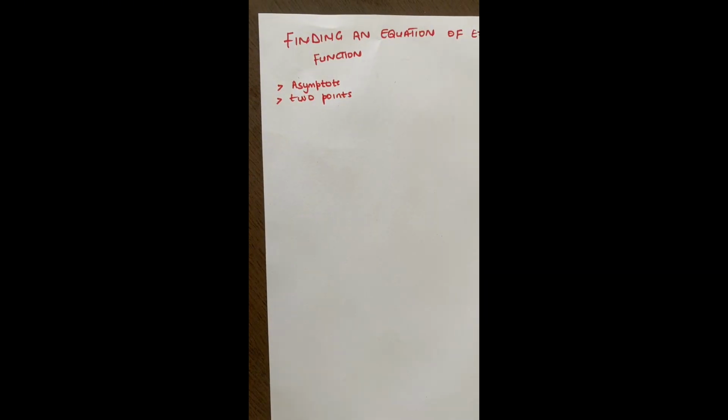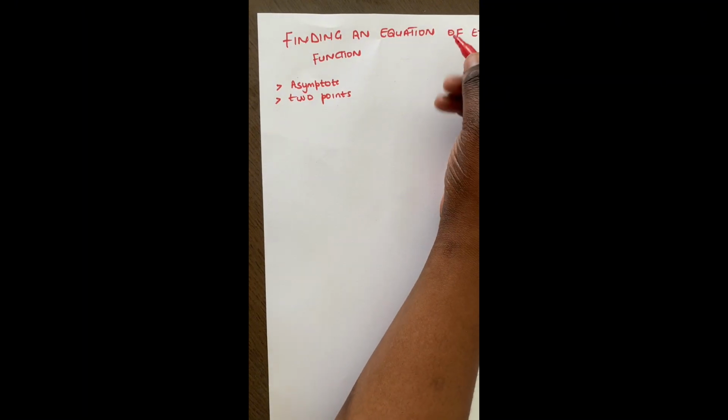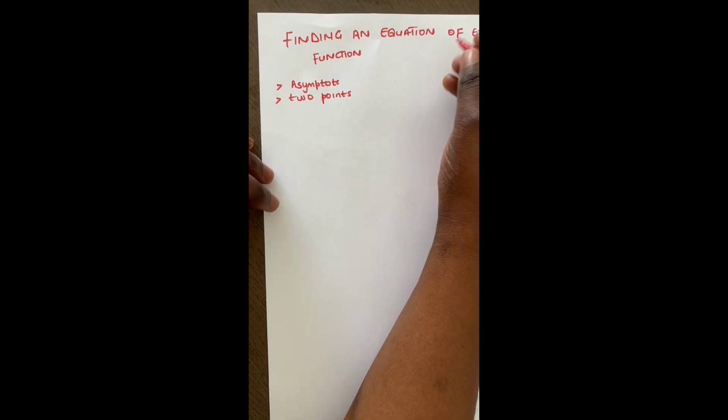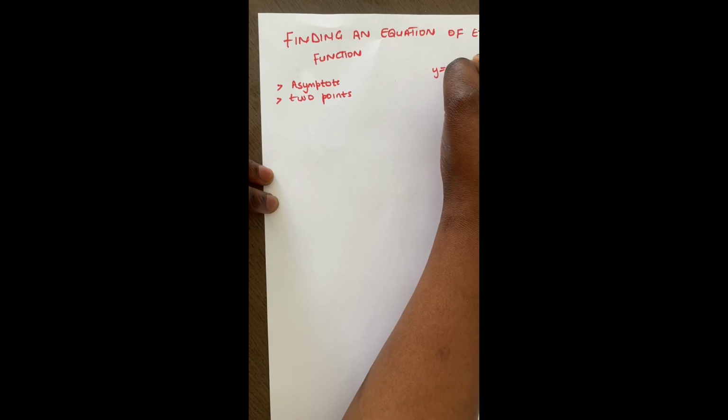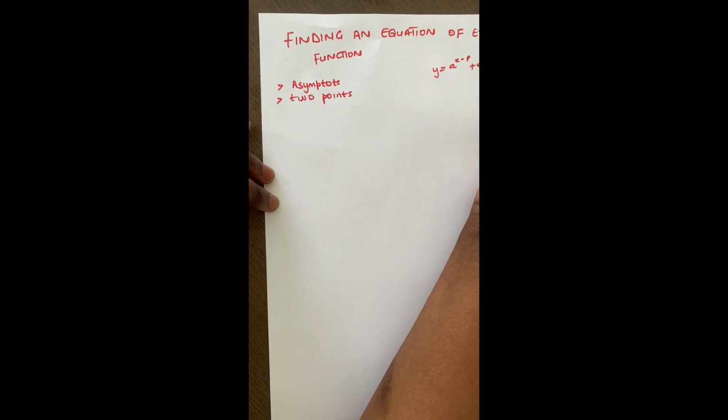Why 2 points? Okay, so in an exponential function, in order for you to find an equation, you should be given a graph at least, so that you can see. But what I can tell you is that they don't normally use this format, y equals a b to the x minus p plus q, in order for you to find an equation.